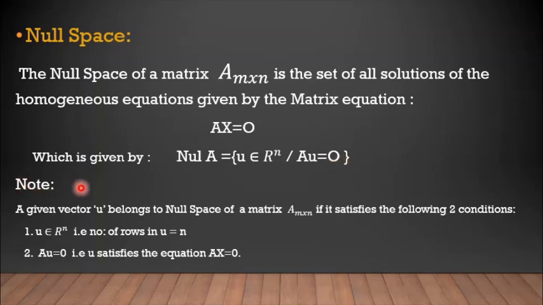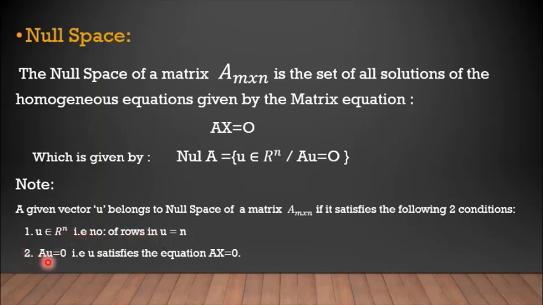Now suppose a vector u is given and we have to decide whether that vector u is in null A or not. We have to follow two conditions. A given vector u belongs to the null space of a matrix A of order m by n if it satisfies the following two conditions. Number 1, u belongs to Rn, that means the number of rows in u is equal to n.